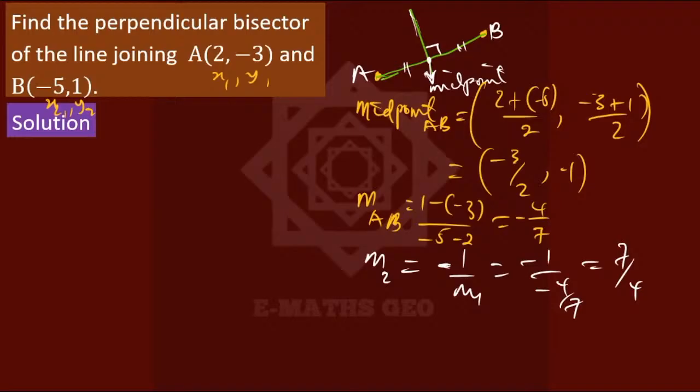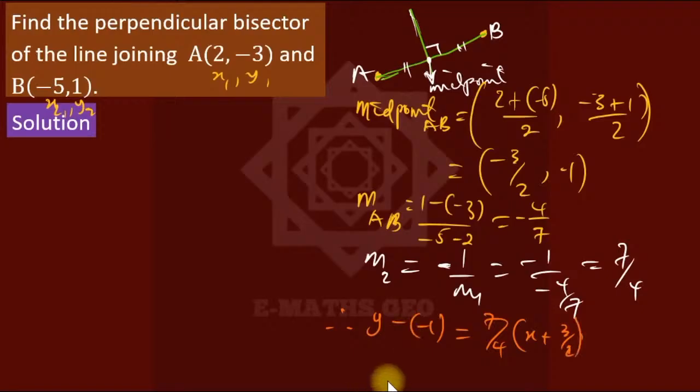Now, what we're asked to find is the equation of the line. Therefore, the equation of the line using the point-slope form is y minus y1, here y plus 1, equals the slope, 7 over 4, times x minus minus 3 over 2.